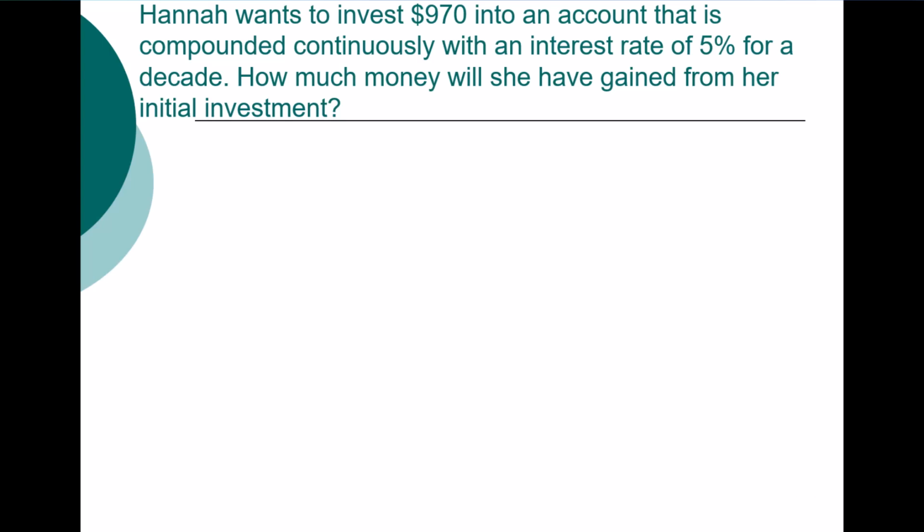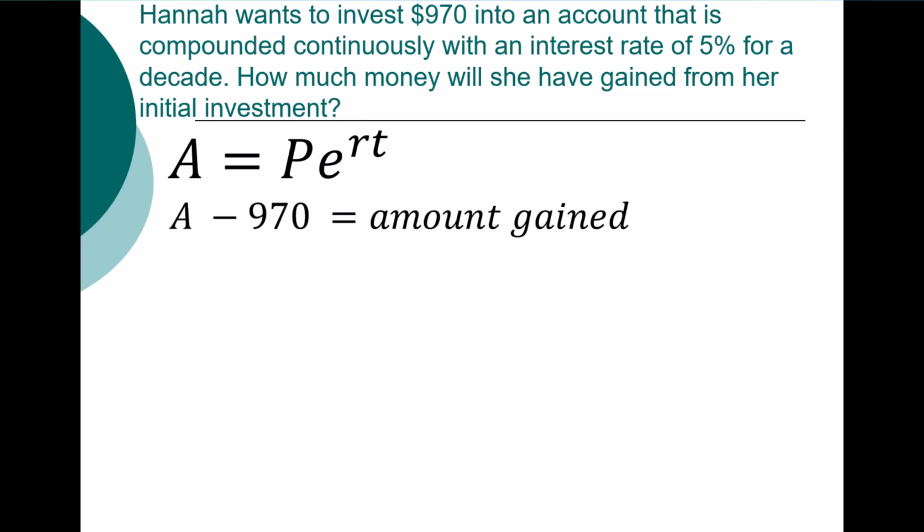Hannah wants to invest $970 into an account that is compounded continuously with an interest rate of 5% for a decade. How much money will she have gained from her initial investment? So here's our formula. Okay, A is our initial amount, that's 970. I'm sorry, A is the total.